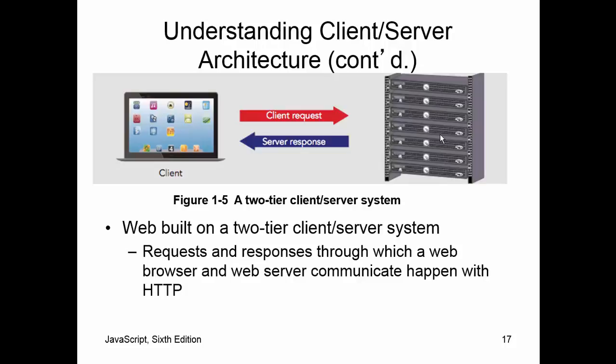So their client-server system will have millions of clients, but potentially hundreds or more servers. Typically, when you put all those servers together, either in the same location or in different locations, they're called server farms. The web, as it mentions there, was built on a two-tier client-server system where requests and responses happen with, again, that hypertext transfer protocol. Okay?